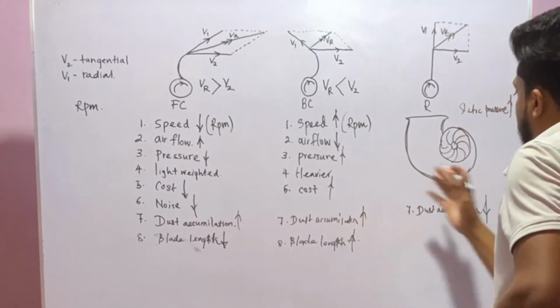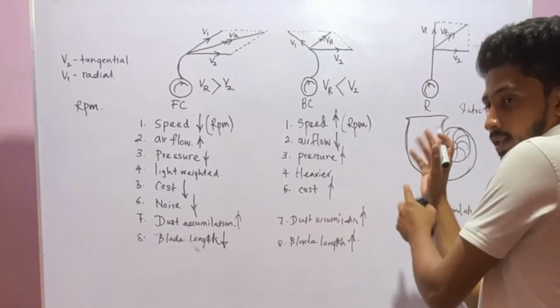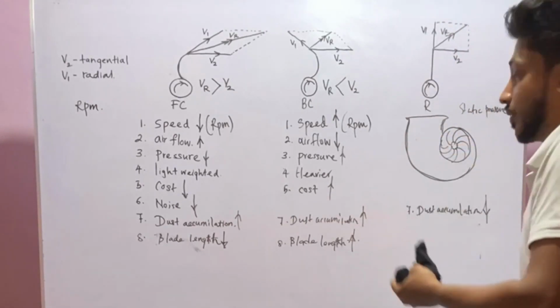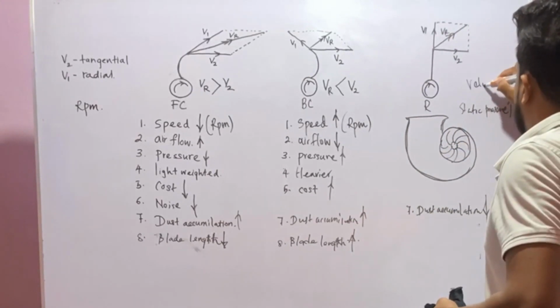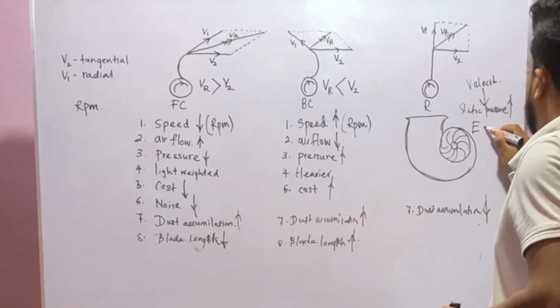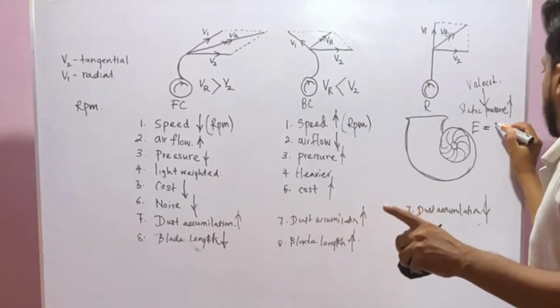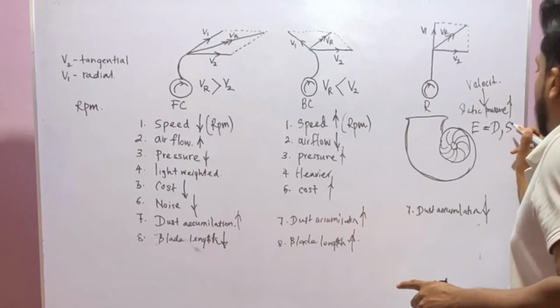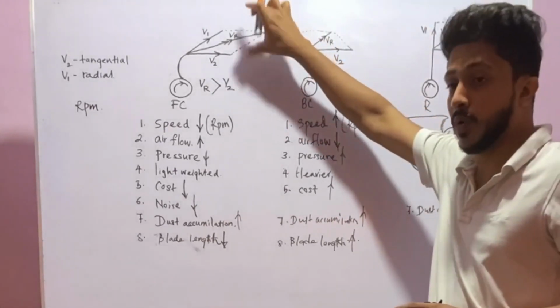Because of that collecting process, the energy will be converted from the velocity pressure into the static pressure. We know that for the energy, what are the components? Dynamic pressure and the what? Static pressure. Here dynamic pressure is more.